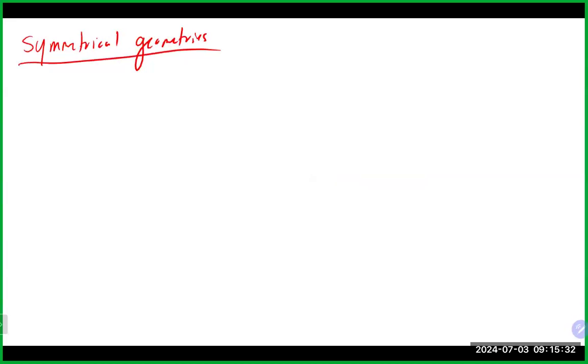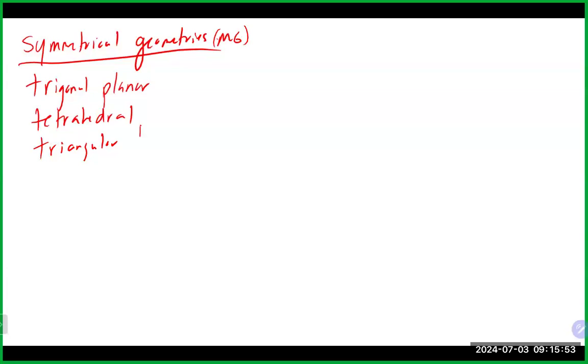For you guys, that's going to be, trying to remember, let's go with trigonal planar, tetrahedral, once again these are molecular geometries, a little bit of trigonal bipyramidal, and a little octahedral.